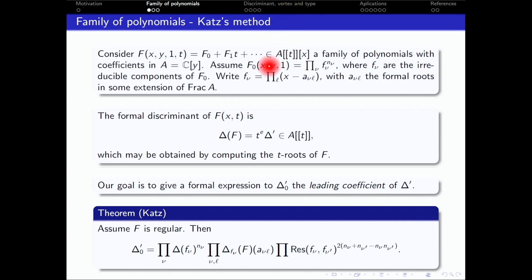And we assume that each one is decomposed in some extension of the fraction field of A, and using the extension of the Puiseux expansion, we are able to compute this discriminant. This one will be a power of t times another discriminant, and its leading coefficient is what we were interested in.